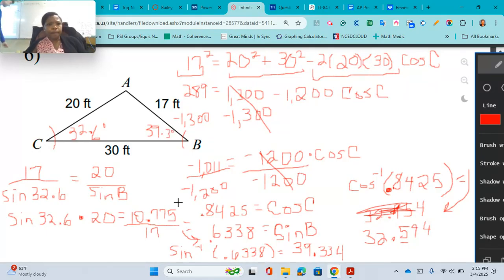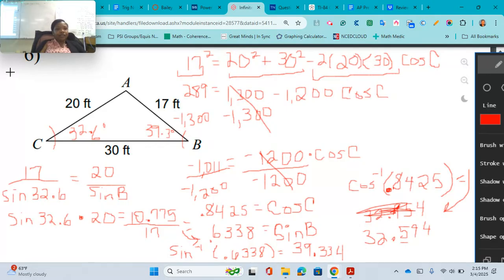Are we done? No. What are we missing? Angle A. What's the easiest way to get angle A? Yes. Add them all up and subtract it from 180 because we know all triangle angles equal 180.